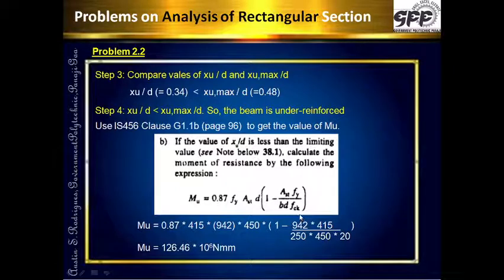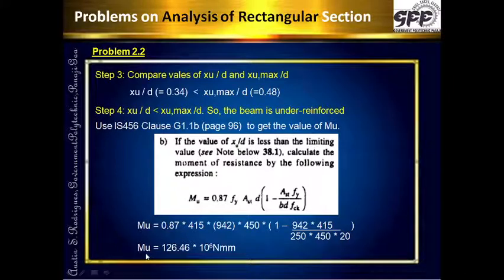The characteristic strength of concrete, the grade of concrete, is 20. All the values are known. We can easily calculate this. When we calculate this, we get the value of Mu, the ultimate moment which it can resist, is 126.46 × 10^6 Newton mm.